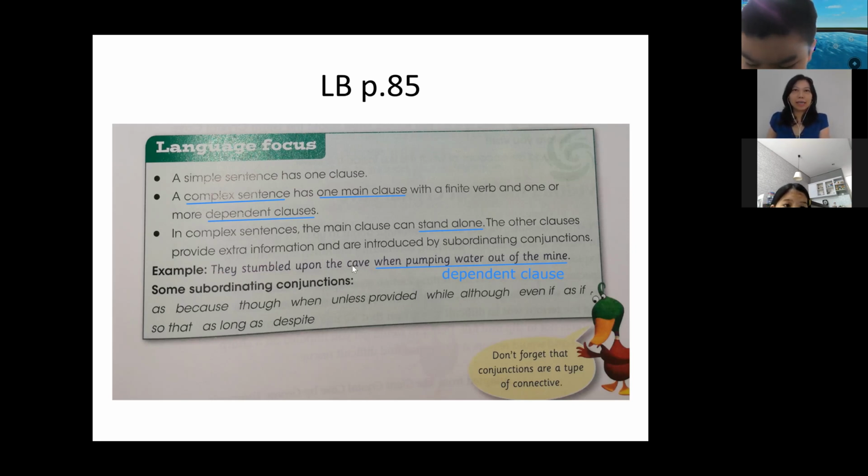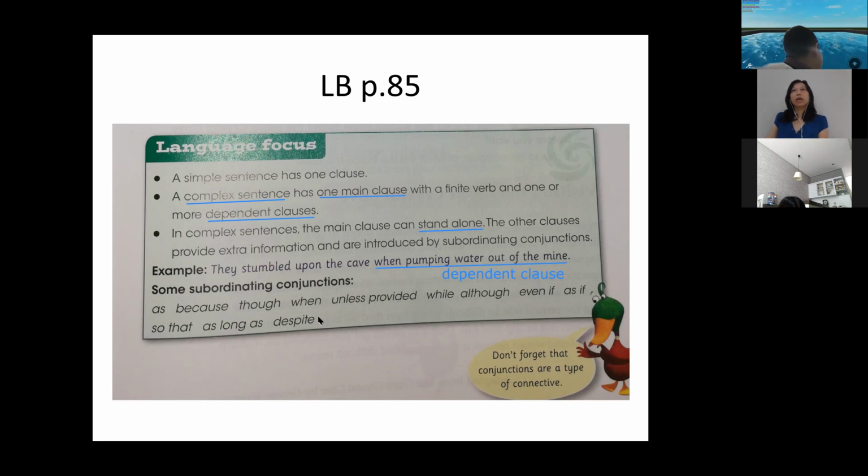It's one idea, and we can understand that some people stumbled upon the cave. All right? Now, some subordinating conjunctions: as, because, though, when, unless, provided, while, although, as if, even if, so that, as long as, despite.